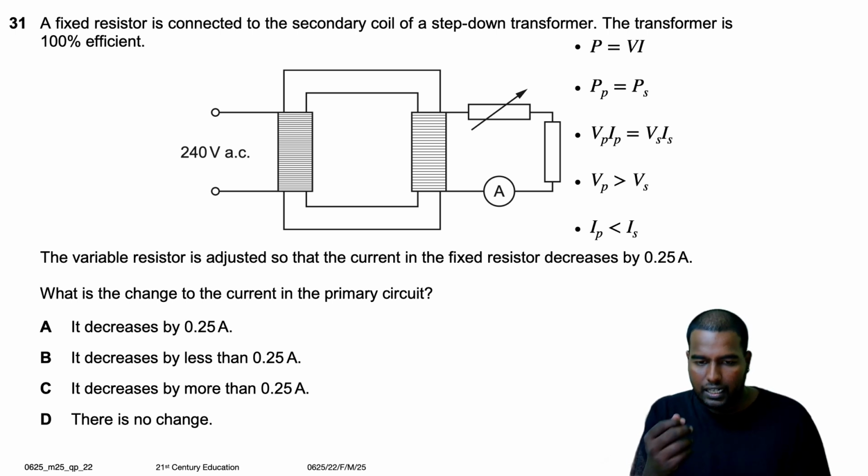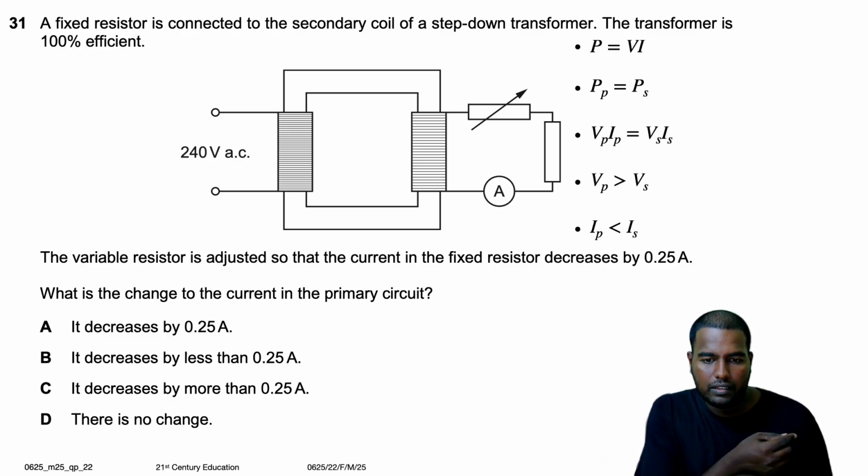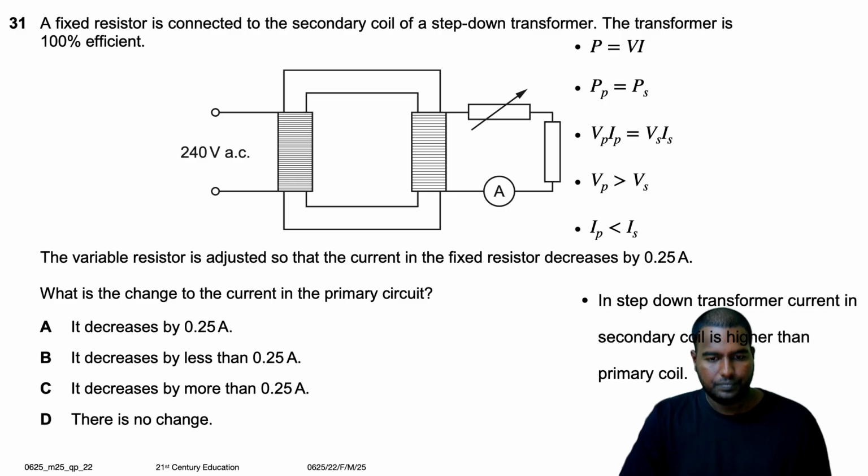So if you decrease the current in the secondary coil, the current in the primary coil will not decrease by more than or equal to this. It will always decrease less, because maybe it is only 0.1 ampere there when we get 0.25 ampere here. So it will decrease by less than 0.25 ampere. So option B.